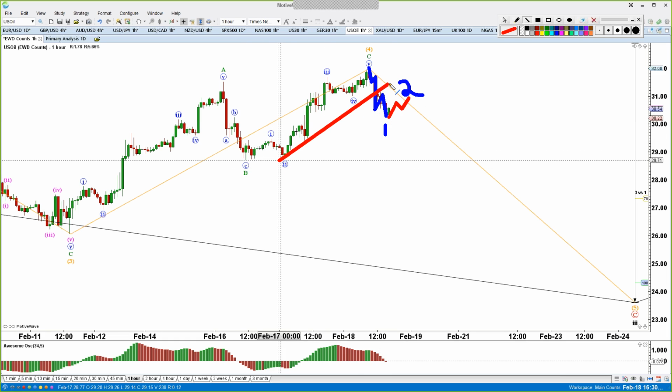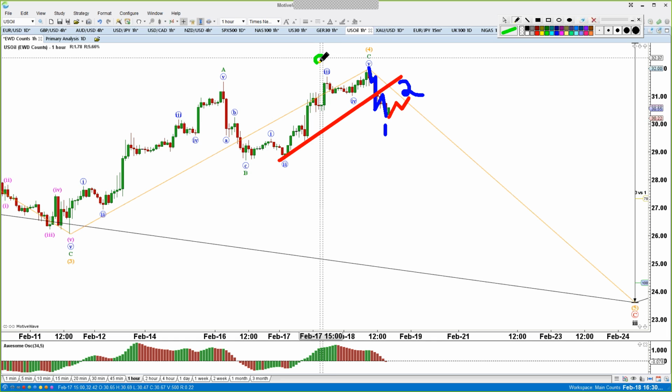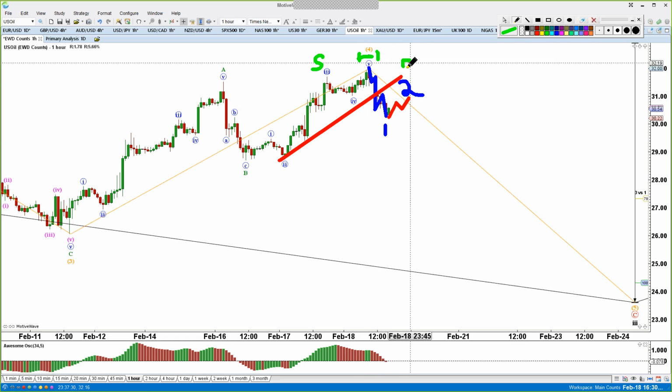that usually is like the pullback to the trend line, is also the head and shoulders pattern. So we can say that this is the shoulder, this is the head, and this will be the second shoulder.